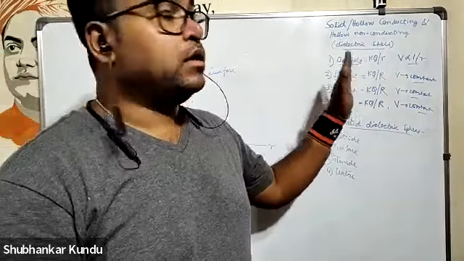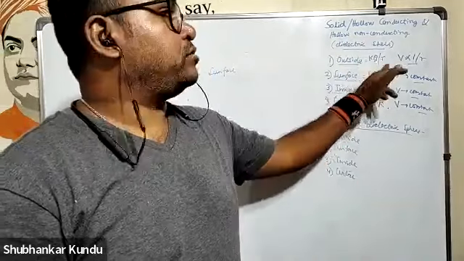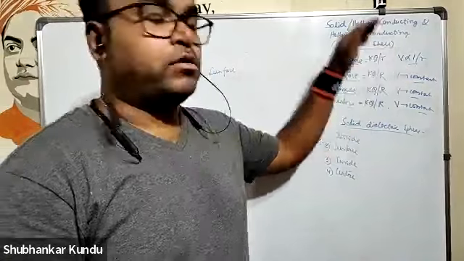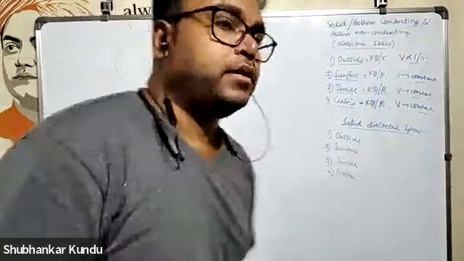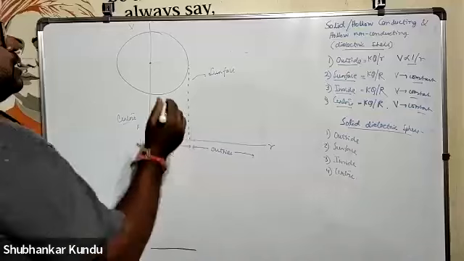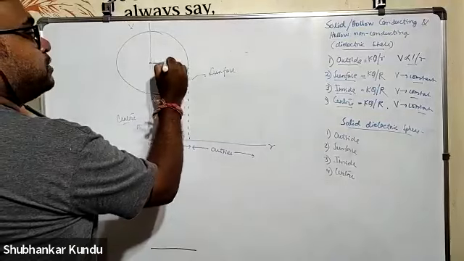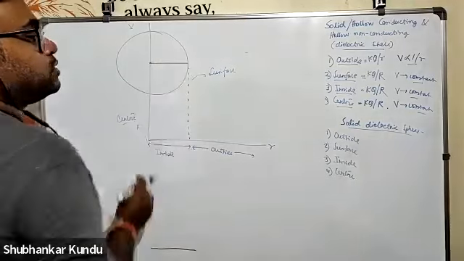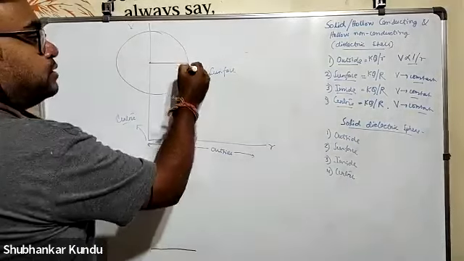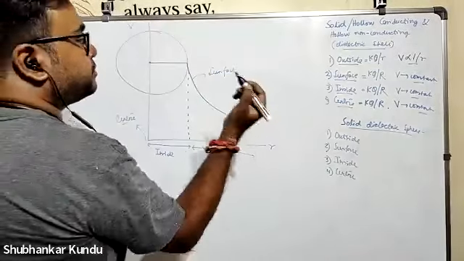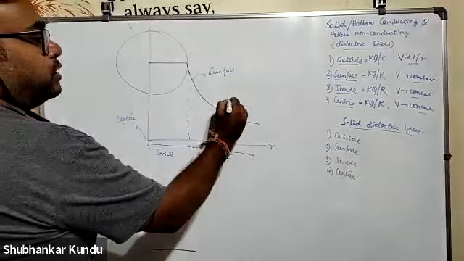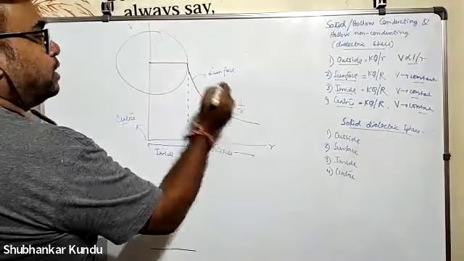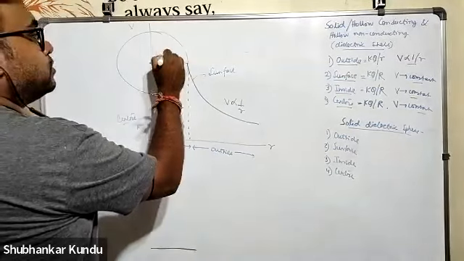The moment you reach the surface, outside it is proportional to 1 by R. Outside it starts decreasing. The graph will be something like that. So traveling from the center to the surface, it is constant, and outside the surface, it starts decreasing. Here, V is proportional to 1 by R.